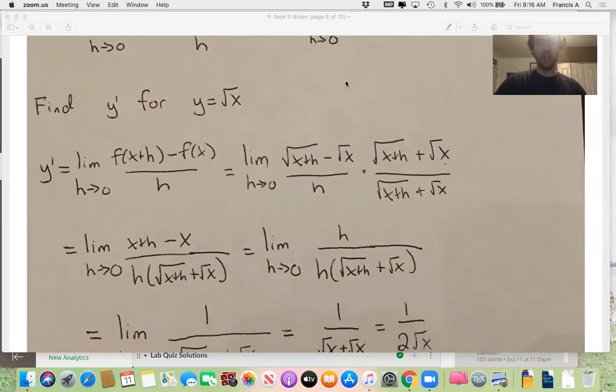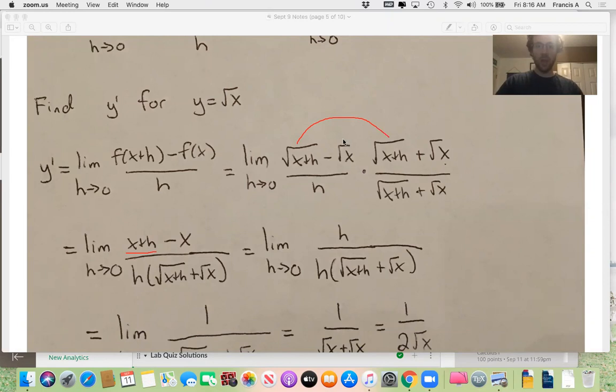For a little more detail, we went through a few more steps when we did this example before, but basically if you're multiplying these together, you're foiling it, distributing everything. These two, when you multiply, give you the square root of x plus h, because you're multiplying something by itself and that cancels this square root.